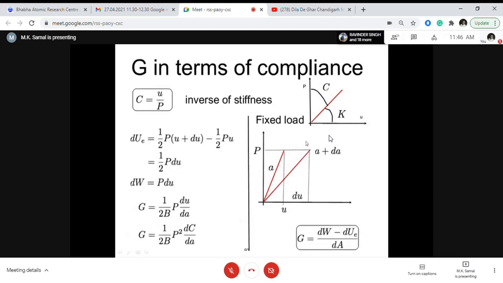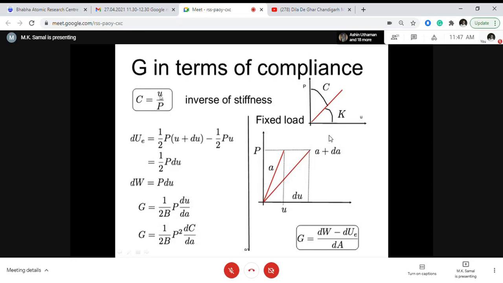Similarly for the fixed load condition. Everywhere we will be discussing this fixed displacement and fixed load condition. To make it clearer, for fixed load, you know that p is fixed. So when the crack length changes by delta A, the slope decreases, that is, stiffness decreases, or compliance increases. Here also we will use the same expression, G equals dW minus d strain energy by dA, and here dW is nothing but p, the load which is fixed, into du, and U is, as in the previous case, half p du. If you substitute in the expression for G, I get 1 by 2b load into del u by dA.